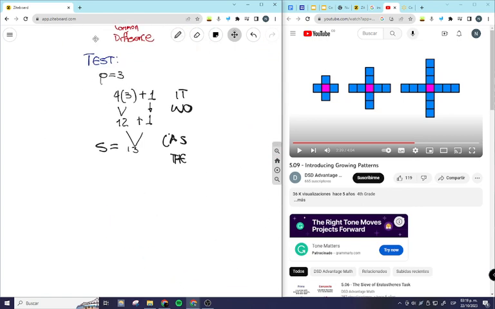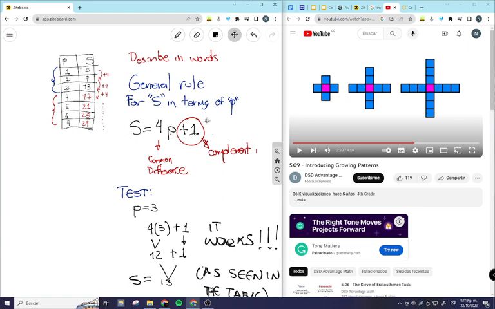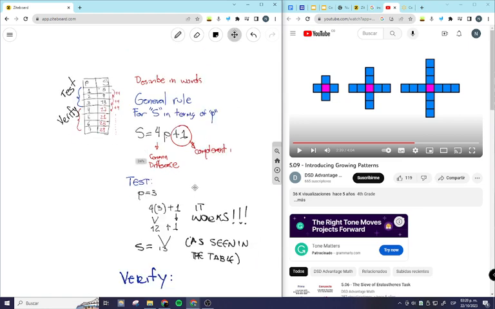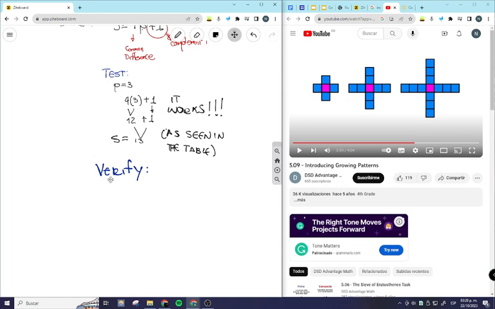Now that we know that the general rule works, we can use it to verify if these red numbers at the beginning were right or not. So again, test and verify. You can select either 4, 5, or 6. Let's say that I want to test it for position 5.